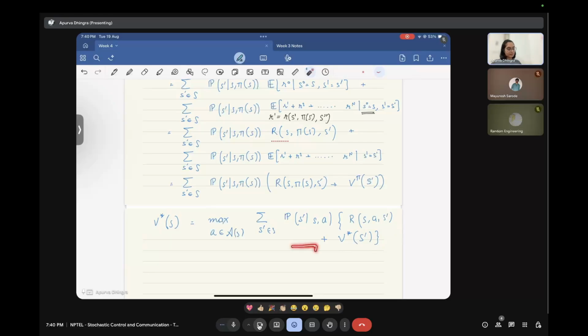And this is one of the possible methods of finding the optimal reward in the case of an MDP. Since this is more like improving the value itself, this method leads to an algorithm called value iteration. But I think in stochastic control we may not go over the details of this.